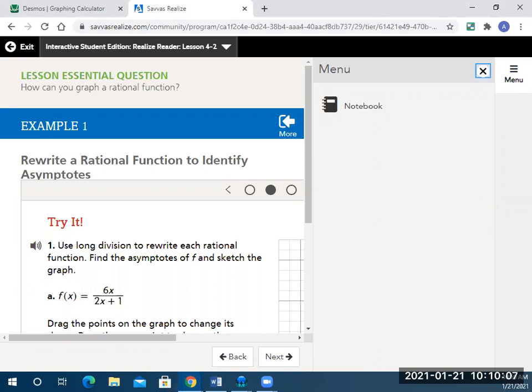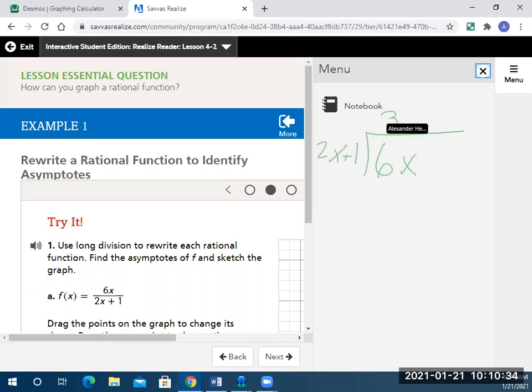So we're dividing 6x by 2x plus 1, right? 2x plus 1 won't go into 6x evenly, but we can look at our first term, 2x, and see how many times that goes into 6x evenly. So how many times does 2x go into 6x? 3 times, right? So we're going to write 3 on top.